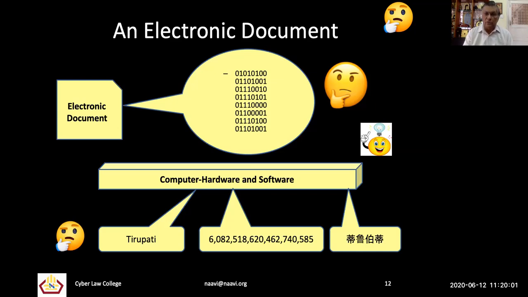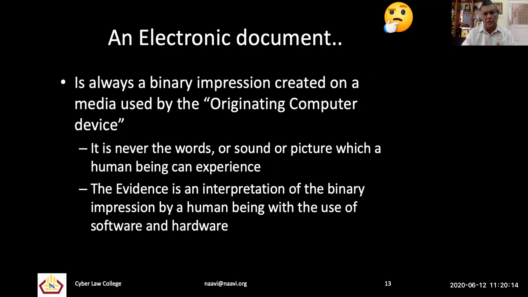Therefore, we come back to the situation where an electronic document, we do not know how to interpret it as evidence. So this dilemma continues even when we use a computer to translate the binary document into a human experienceable document.